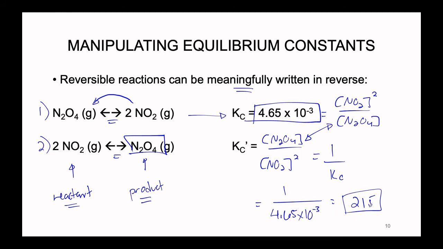We can draw that conclusion because our value here, 215, is definitely larger than 4.65 times 10 to the negative 3. This is a value greater than 1, meaning that, numerically speaking, you're going to have more product as your reaction is written than reactant. In other words, you're going to have more N2O4 than NO2, regardless of how you write this reaction.